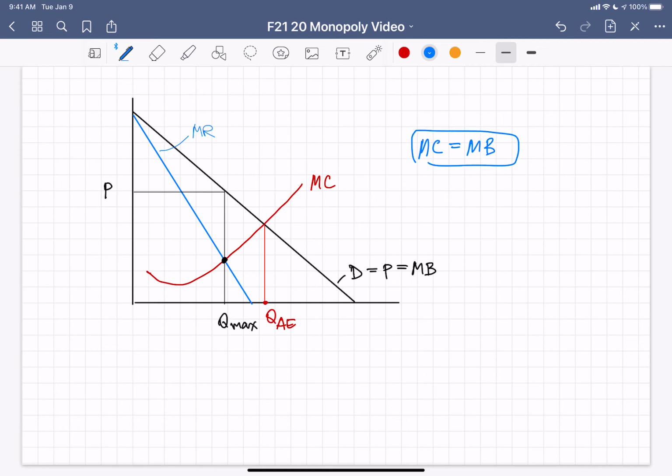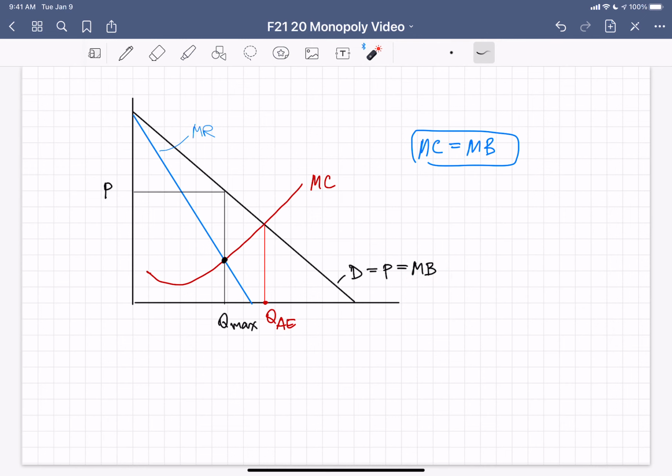Speaking of which, our demand curve is telling us not just what the price is, but also what the marginal benefit is for society. Because when you're selling a unit of stuff to people, they're paying up to their marginal benefit from this unit. Therefore, again, demand tells us what marginal benefit is.